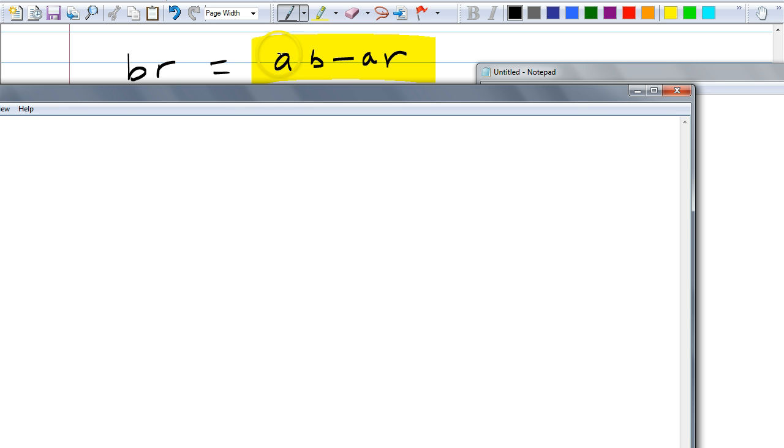So is there a way to write AB minus AR using A only once? There's a way. Put your hands down. Aiden, do you remember the distributive property? Like A times (B plus C), isn't it? Do you remember how to go backwards?